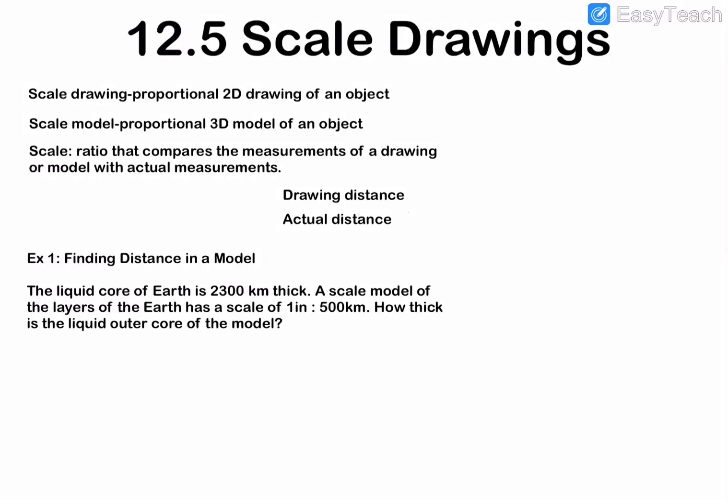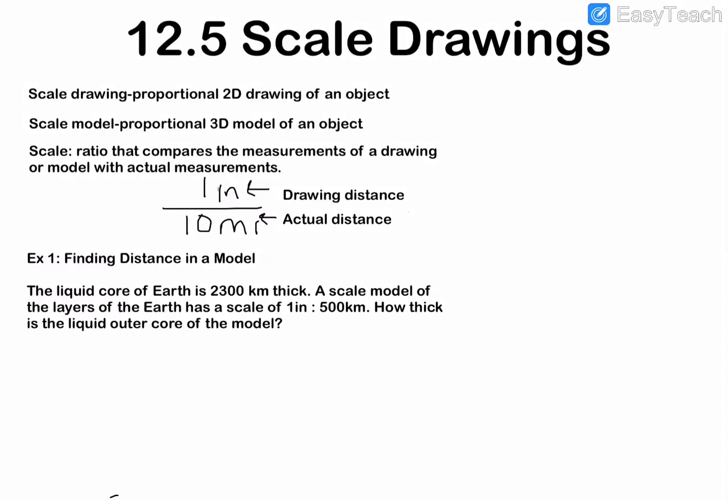So for example, you would see something like 1 inch equals 10 miles. So the 1 inch is the distance on the drawing, and the actual distance would be 10 miles.